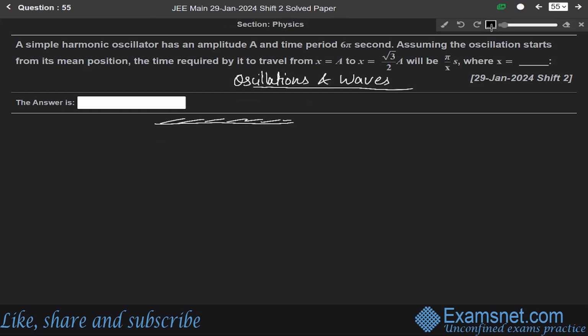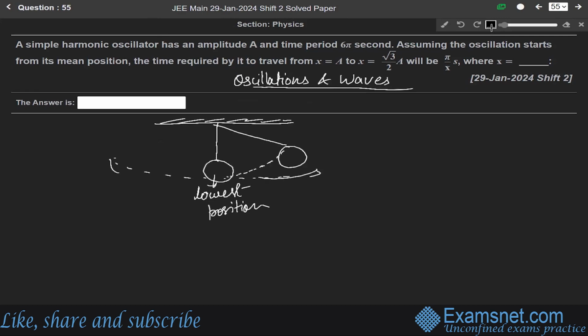let us say this is a simple harmonic oscillator doing SHM motion. At first, it is at its lowest position. And when it does to and fro motion, it goes like this, then again comes back to this, and then again, these are the extreme positions, and again comes back to its lowest position.